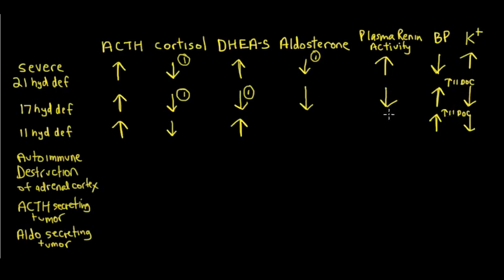So as a consequence of that, we would expect that the plasma renin would be suppressed and the aldosterone would be suppressed. Okay, in theory. And so again, the aldosterone is not affected directly by these enzyme defects, but through feedback by another hormone acting at the mineralocorticoid receptor, we would have that profile.